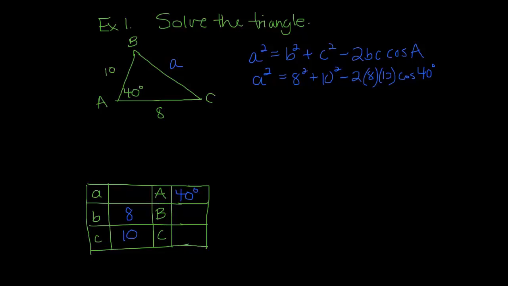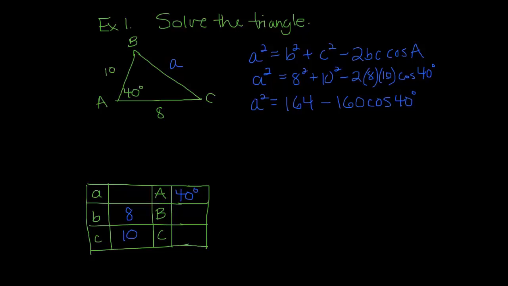Our job is to solve for a, so I just have a bunch of calculations to do. I'm going to try not to use my calculator until I absolutely have to. We have 64 plus 100, that's 164. Let's do the multiplication over here. That's 160 times cos of 40 degrees.